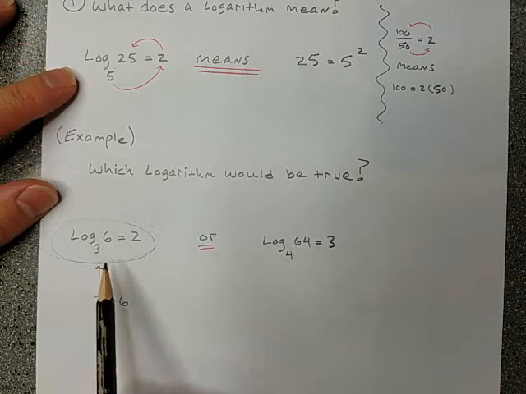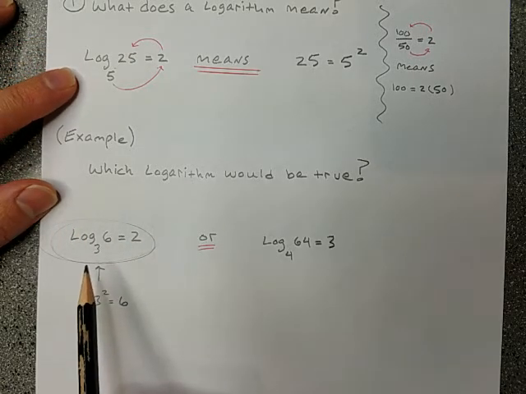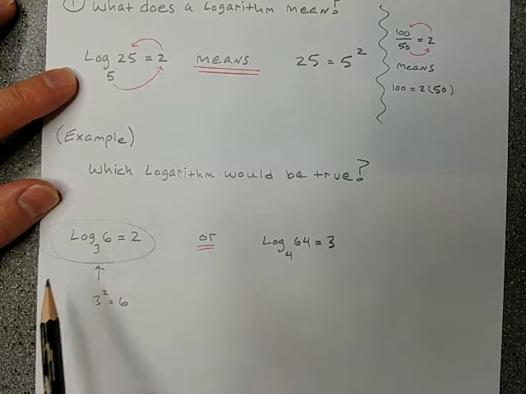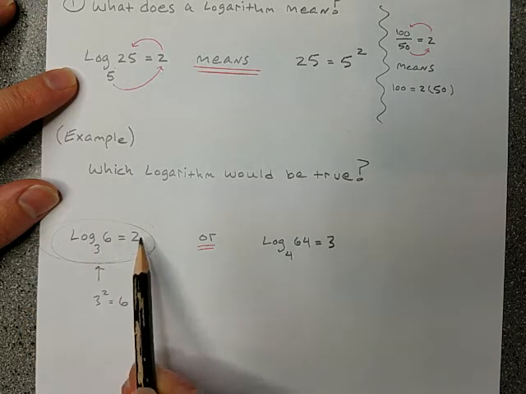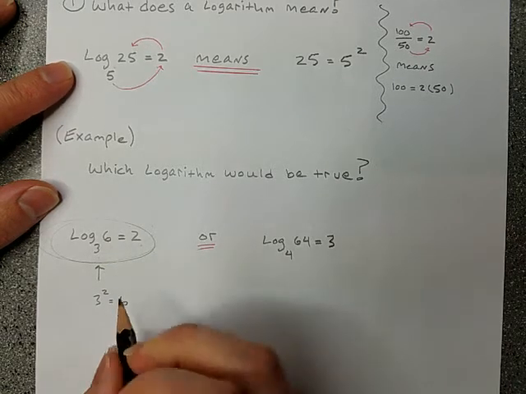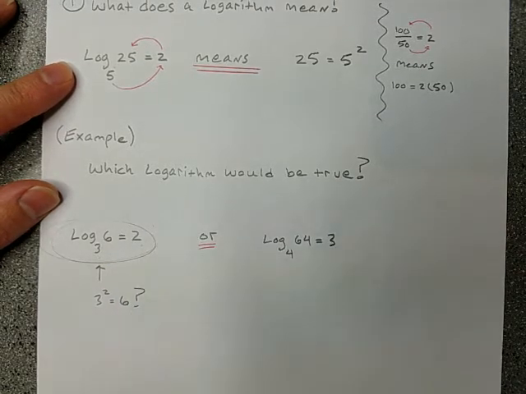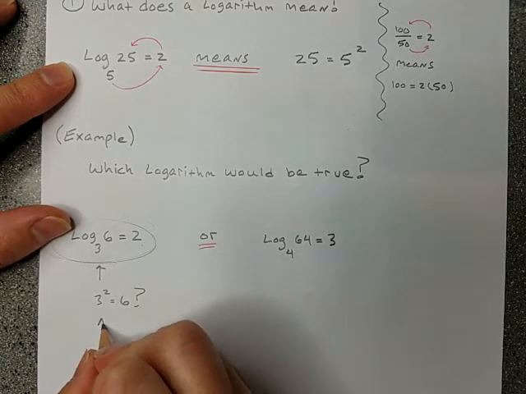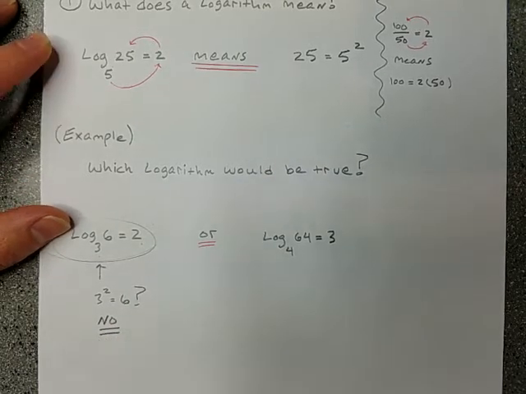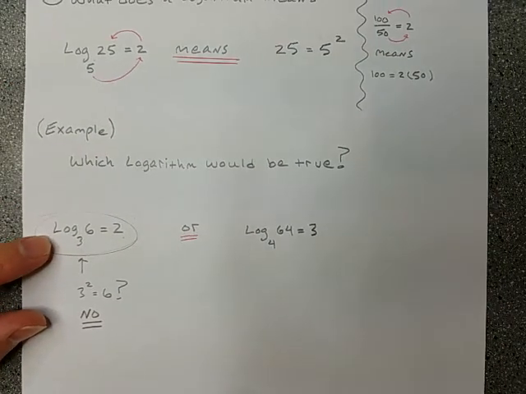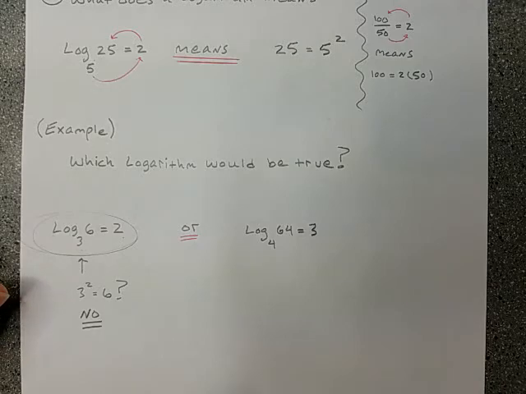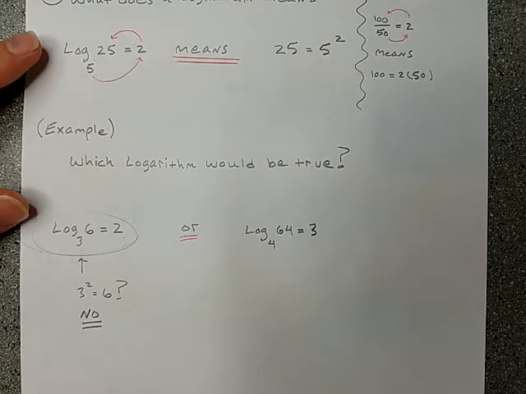The way that you think about this and give it some meaning for yourself is you say, this means that 3 to the second power is equal to 6. But is that true? Is 3 to the second power equal to 6? Is 3 times 3 equal to 6? Definitely not. So this is the one that's not true, even though it had the allure of seeming like it was true.